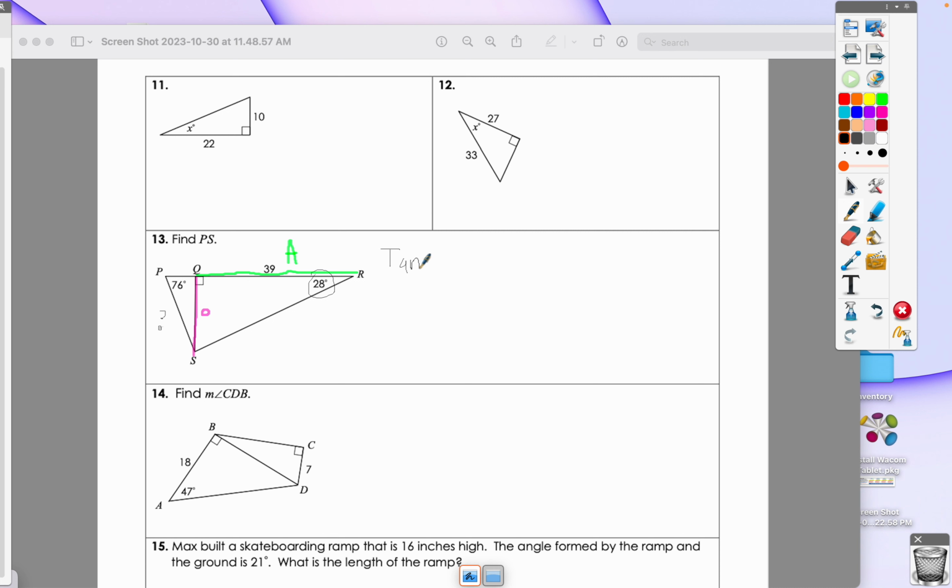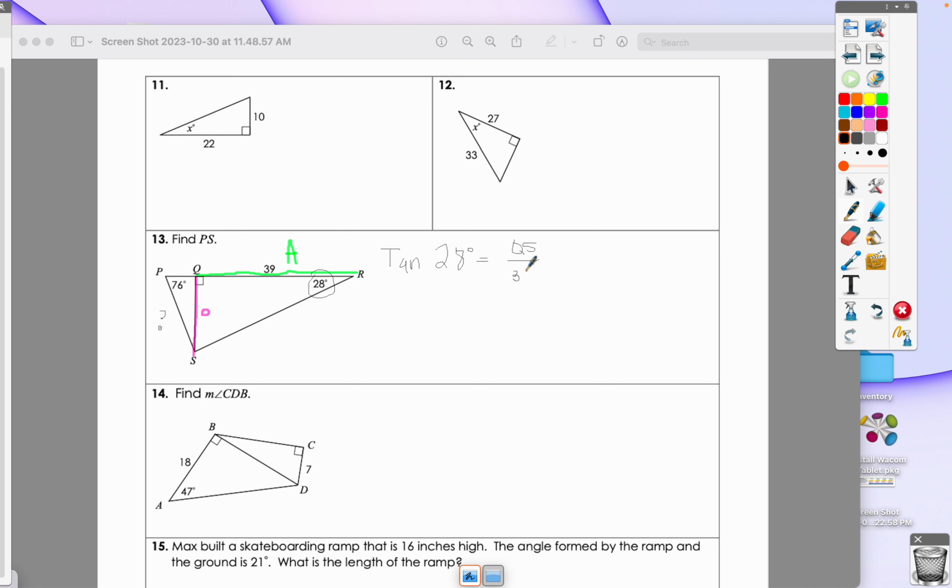And just to save time on the video, I'm going to put 28 degrees for my theta. Tangent is opposite over the adjacent, and QS is what I am looking for. Not particularly to be done with my problem, but I'm going to use it as a bridge to the other triangle. And the adjacent is the 39.